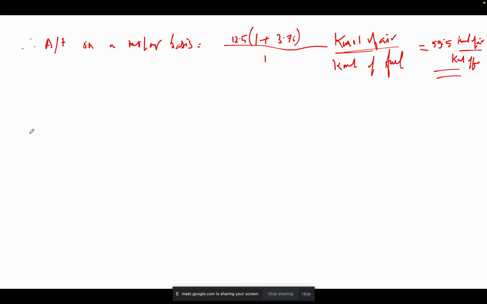Okay. Similarly, air fuel ratio on mass basis. Okay, so this will be 12.5.